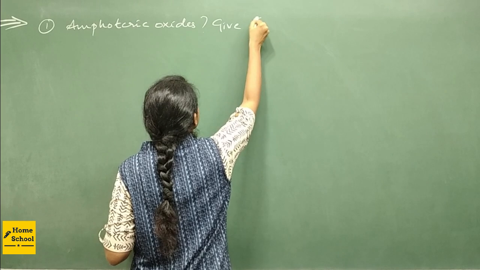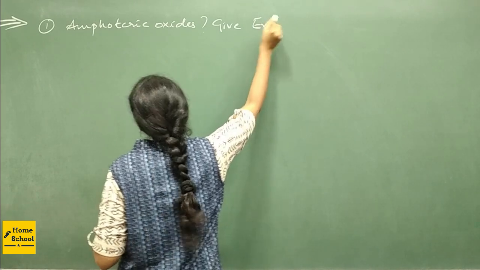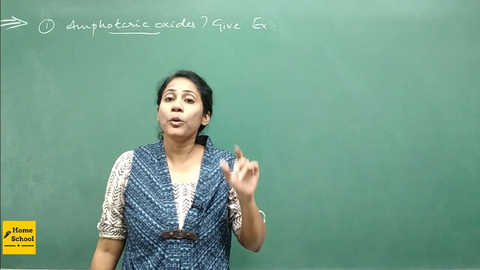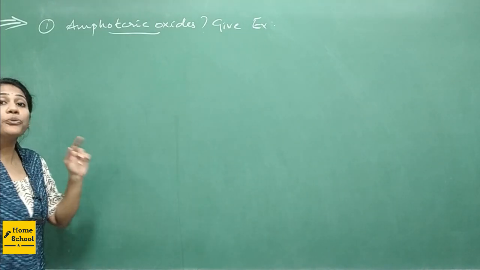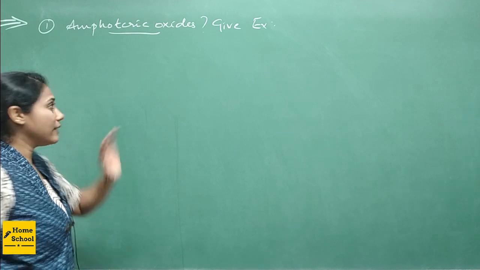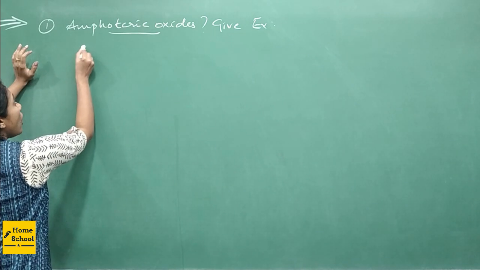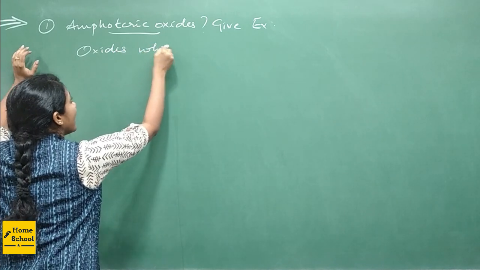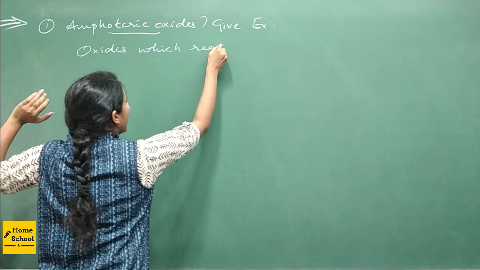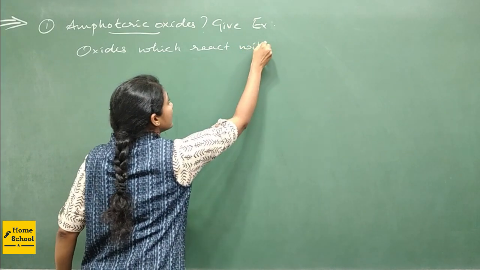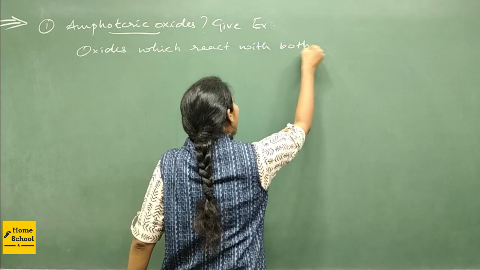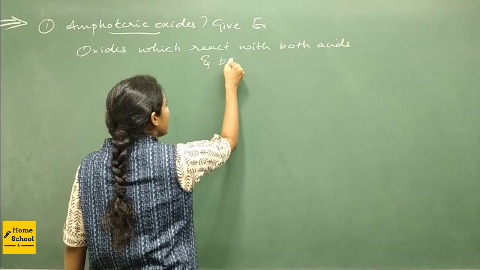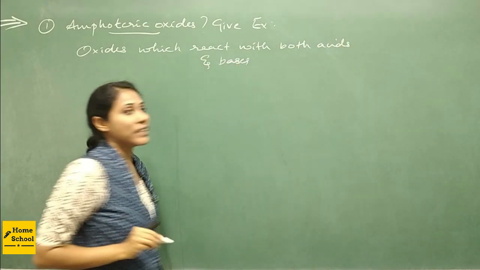So what is the answer you will write here? The oxides which can react with both acids and bases to give water and salt. So it is those oxides which react with both acids and bases that are called amphoteric oxides.